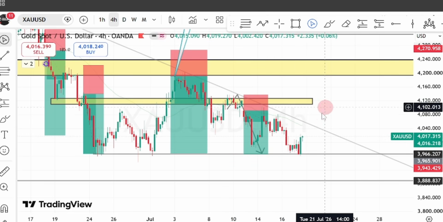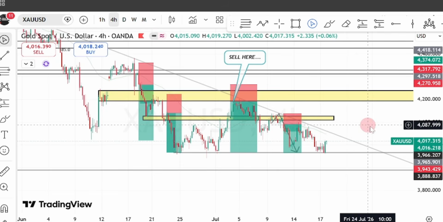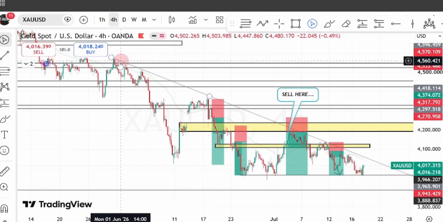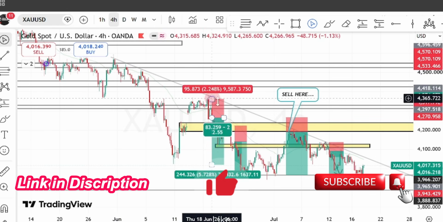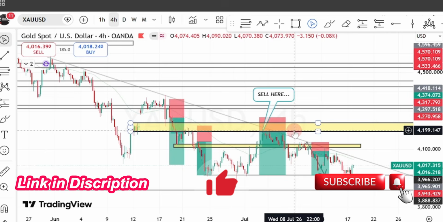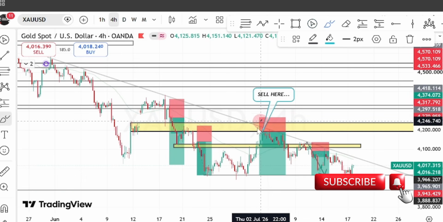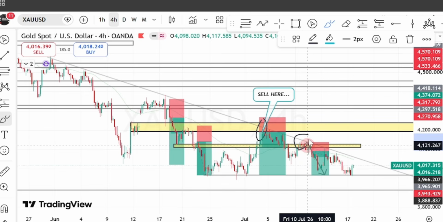Okay, so gold has been bearish for the longest. As you guys may remember, this trend line that I've been keeping for the past 1 month or so, since last month, you can see first touch, second touch, third touch. At least we started using this trend line from this fourth touch, which if you watched our previous videos, I made mention of this fourth touch even before it happened, and now this fifth touch and even a sixth touch.